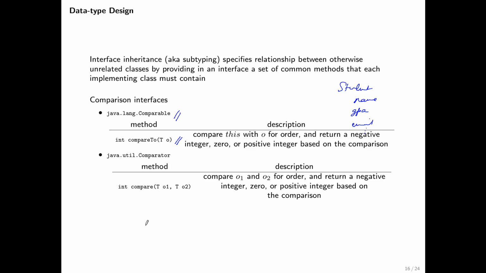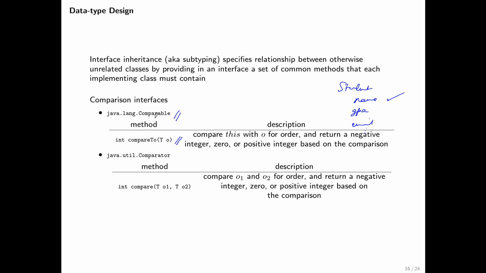Now, with the Comparator interface, you can think about implementing alternate orderings. For example, you can have the Student data type implement Comparable to provide an ordering by, let's say, name, and then you can define a whole bunch of comparators for each of the other instance variables.